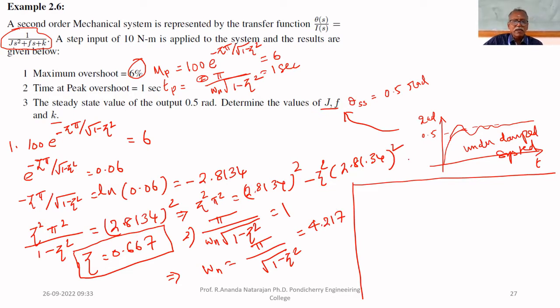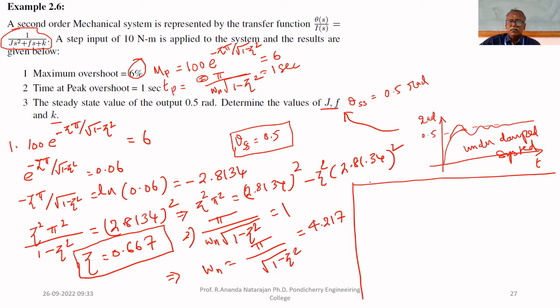Now we have to compare the steady state value. Steady state value theta SS equal to 0.5, that is given, for an input of 10 Newton meter.